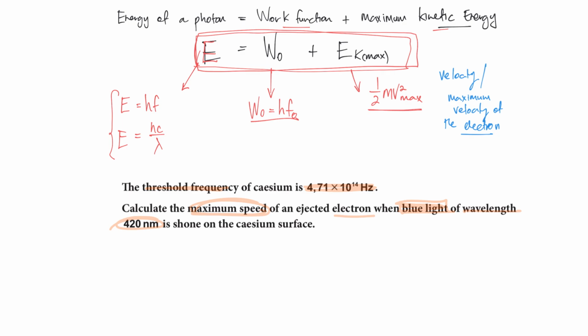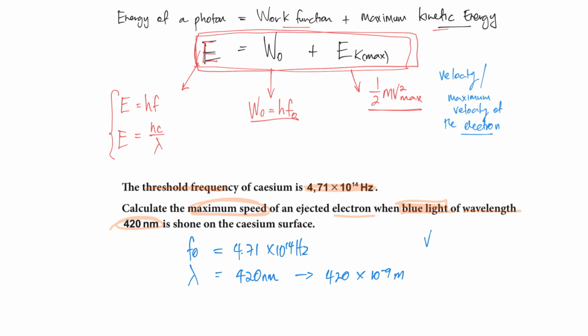So in terms of information, let me just have a look at what I've got. I've got f0 at 4.71 times 10 to the power of 14 hertz. I've got lambda at 420 nanometers, which I'm going to change into 420 times 10 to the power of negative 9 meters.